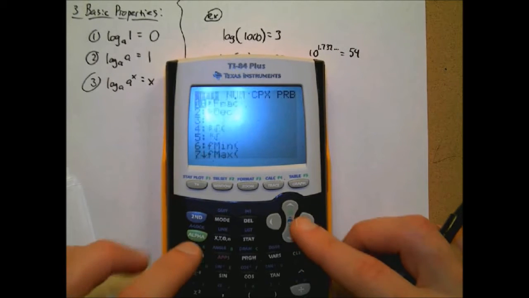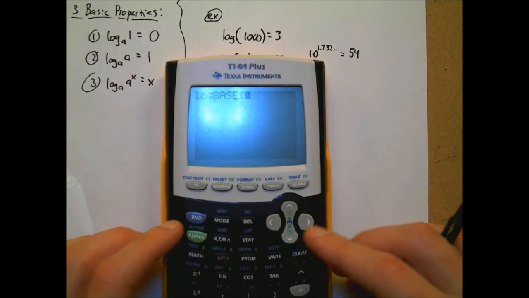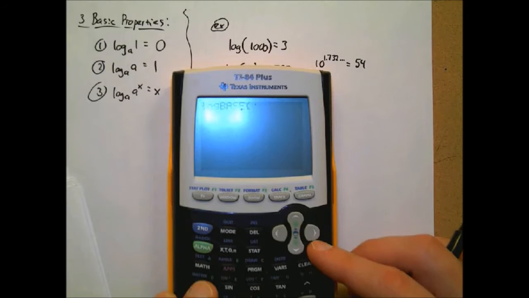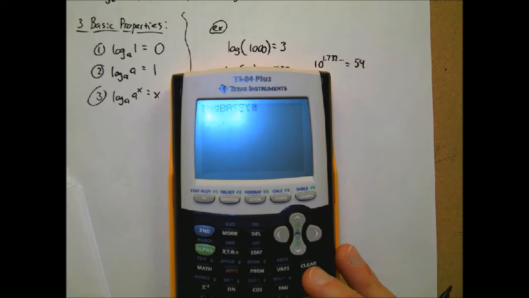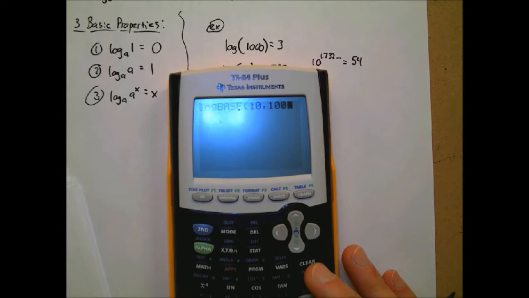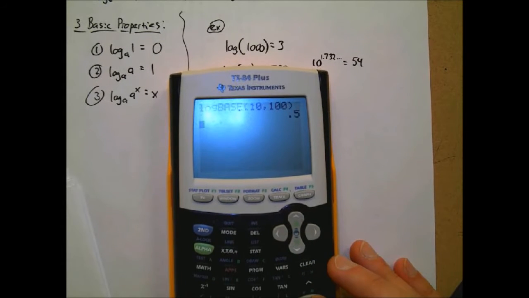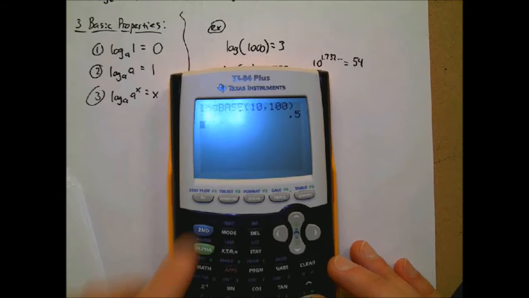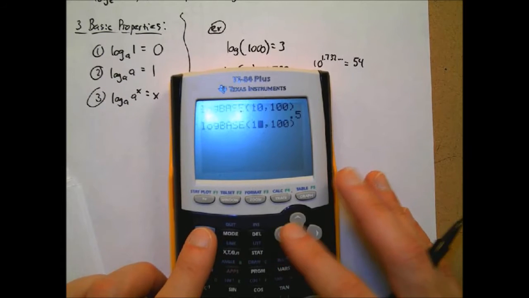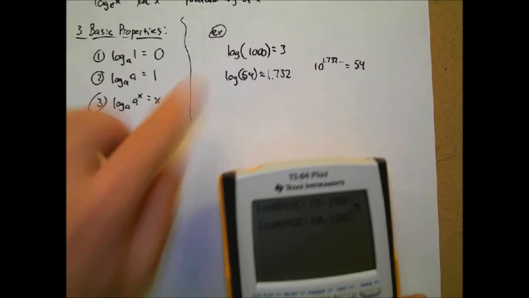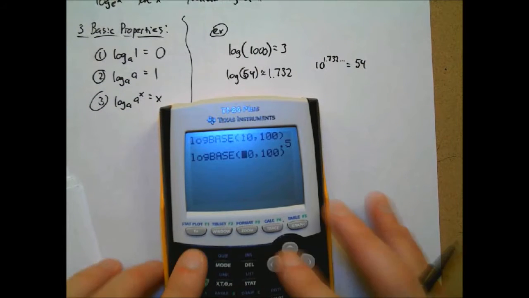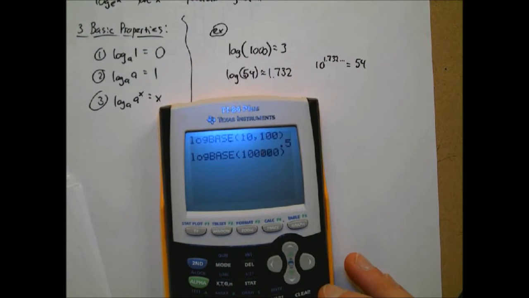Math, and then go down to log base again. If you've got it this way, I think it's the base and then of what? No, I think I did it backwards. If you want to do log of 1,000, you're going to want to type in the 1,000 first, then the base of the logarithm, and there you go.